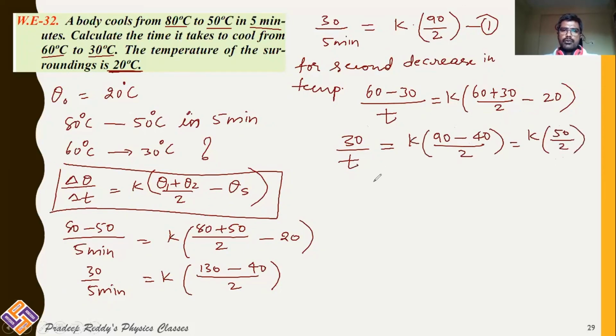That's equation number 2: 30 divided by T is equal to K into 50 divided by 2.